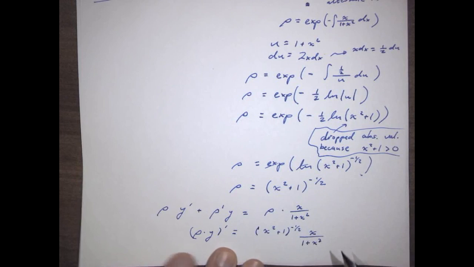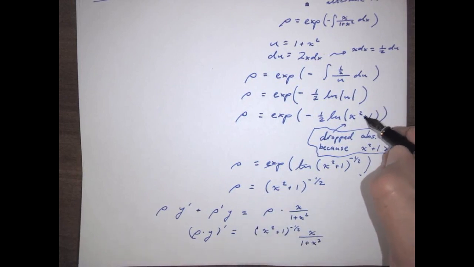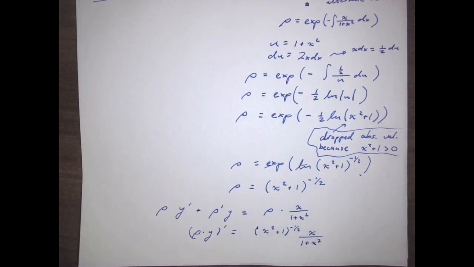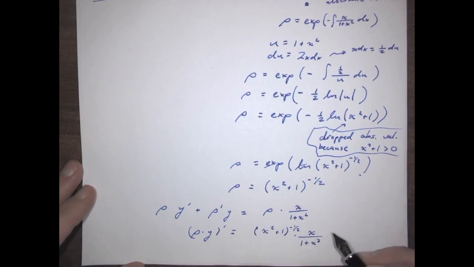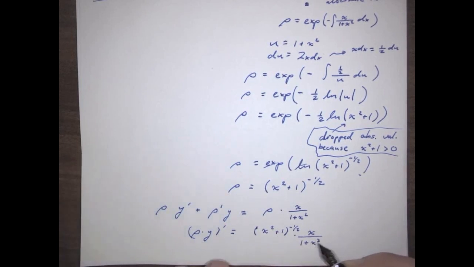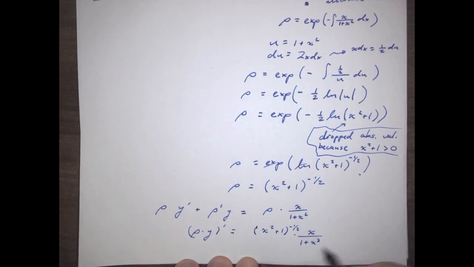Somehow, at some point up here, I started accidentally writing x squared plus 1 instead of its original form of 1 plus x squared. But that's alright, they're the same thing, so no big changes have happened. Now let's think about simplifying this. We've got x squared plus 1, or 1 plus x squared, however we want to write it. This is a power of negative 1, and this is a power of negative 1/2.